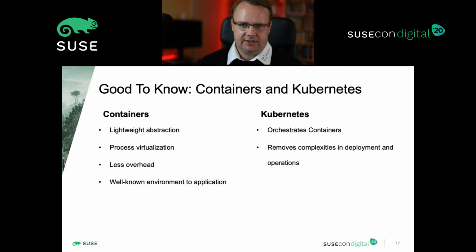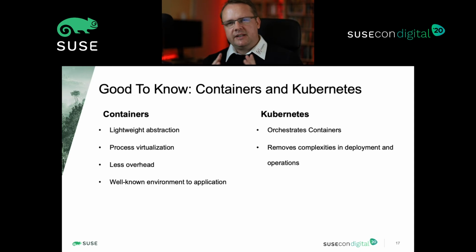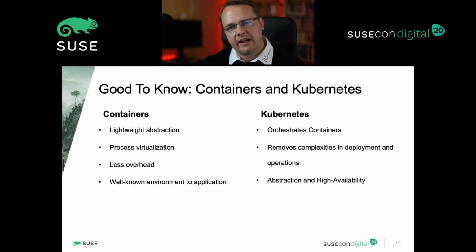It knows about its environment. It knows about available worker nodes. It knows about their load. It knows which worker nodes might be suitable for which workload. And Kubernetes takes care of all of those things. So it provides us with a lot of abstraction, and it provides us with high availability scenarios.